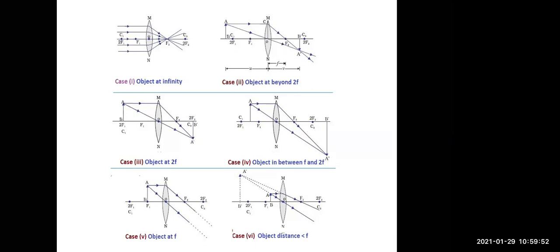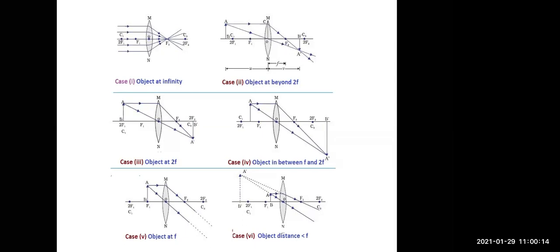The image is formed at the position of twice f2, because of the intersection of the refracted rays. So here we have applied rule number 1 and rule number 3.